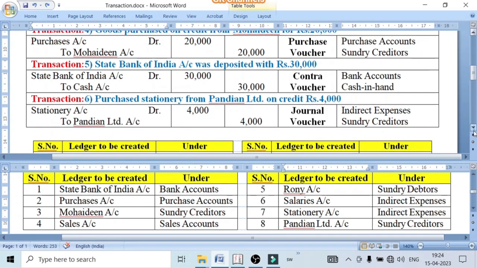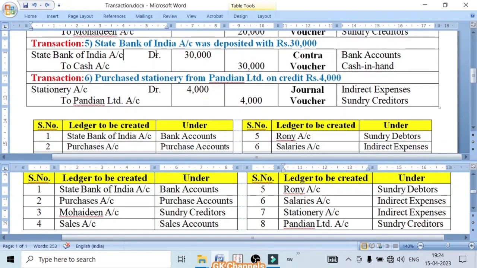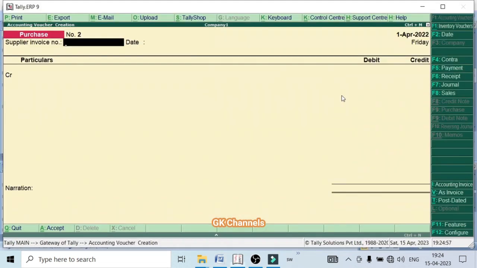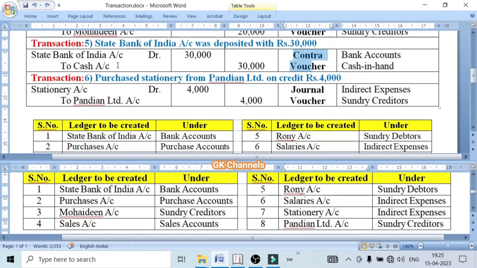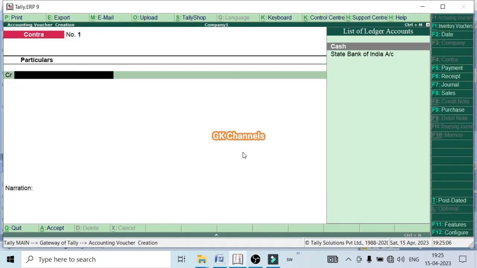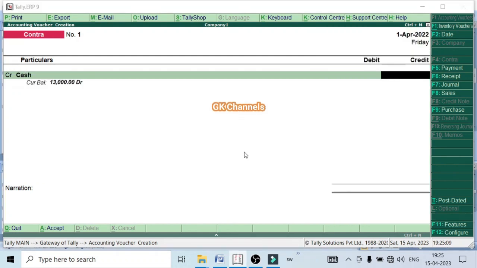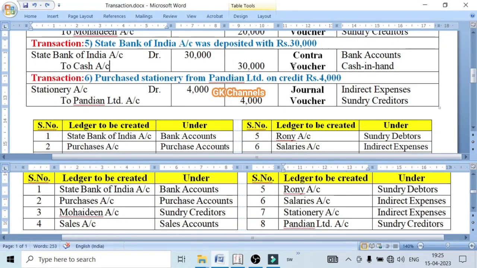Next, transaction number 5. State Bank of India account was deposited with 30,000. Contra voucher, F4 contra voucher I am selecting. Cash account credit. Amount is 30,000.